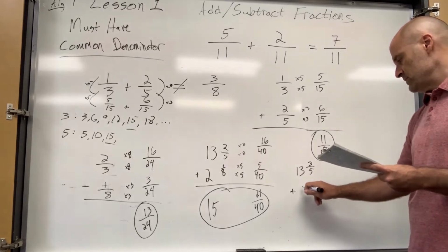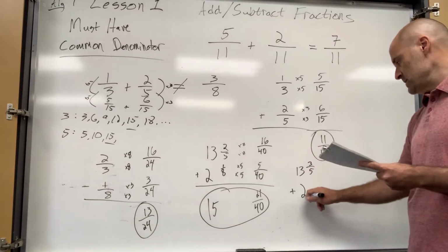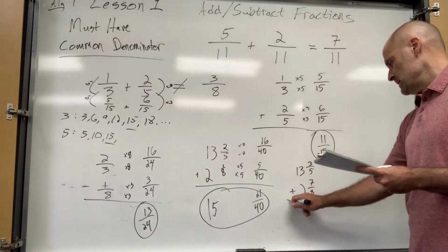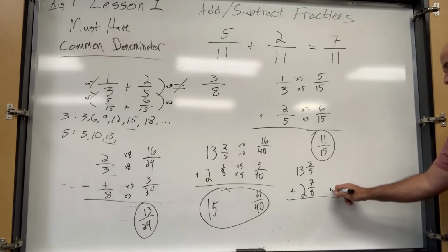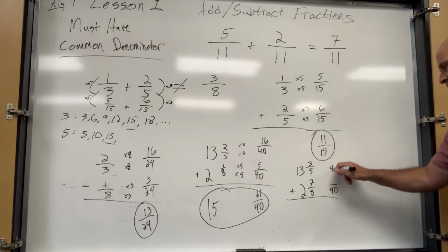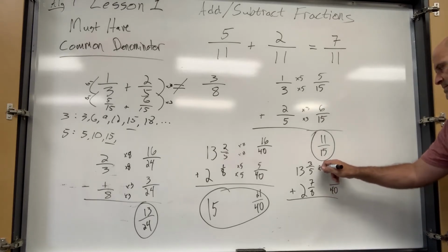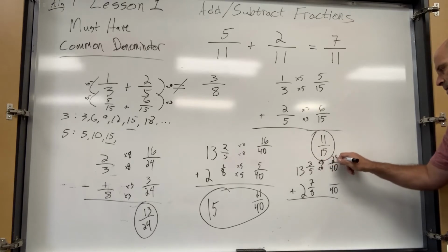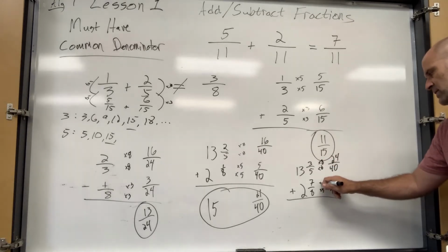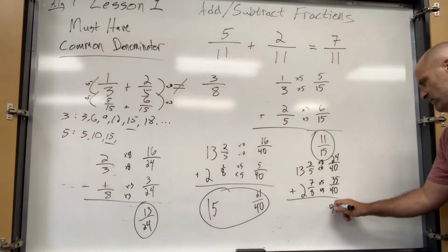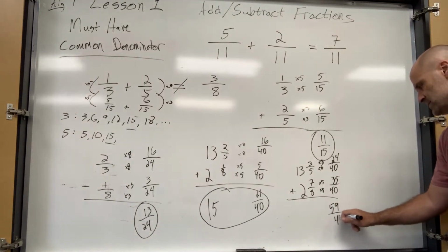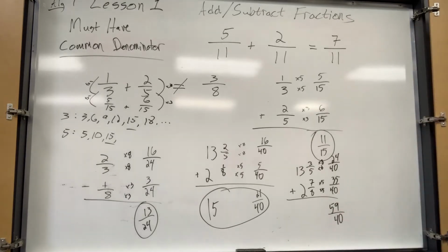Well, let's add first, just because we can. 2 and 7/8. Okay, still the same common denominator is 40. 40, this is times 8. This is times 5. So when you add those together, you get 59/40.